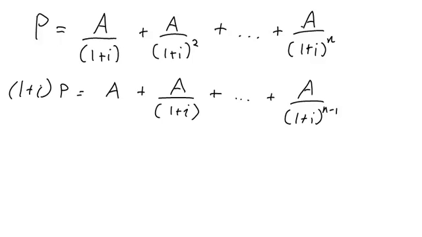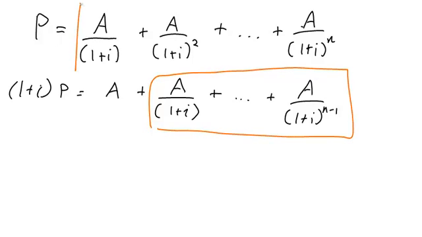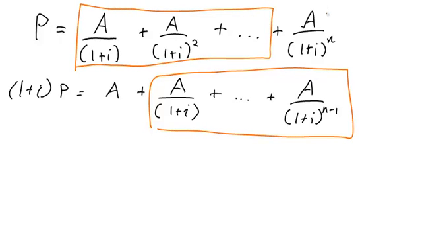And now, this bit is the same as this bit. It just doesn't go all the way to that last one. So what we're going to have to do is go, well, the bit that I've got here in orange is the same as P minus this.